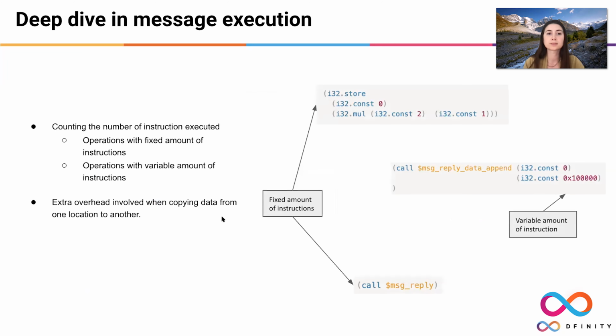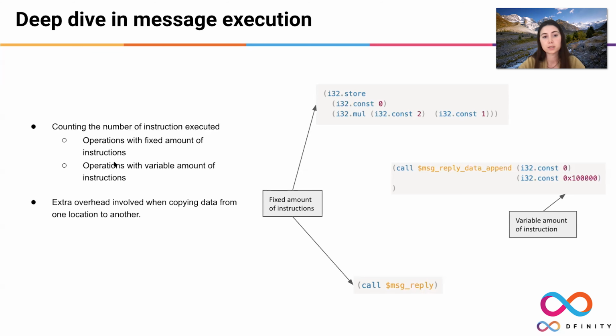Here we thought about talking a bit more about message execution, to get an understanding that some parts of the code might be very expensive. As Dimitris mentioned, for a message execution we have a fee composed of a fixed fee and a cost proportional to the number of WASM instructions executed.